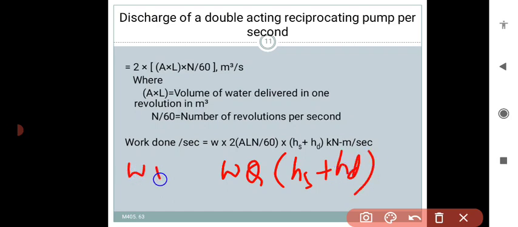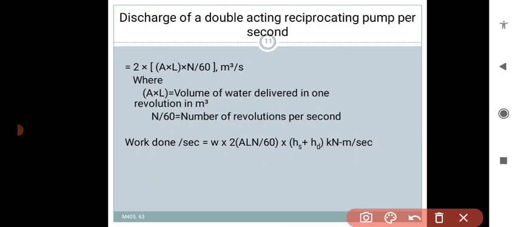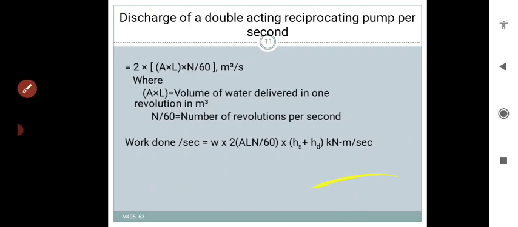This is for a single acting pump. It is similar for double acting, but it is into 2. The work done per second for a double acting reciprocating pump is W into 2Q into HS plus HD kilonewton meter per second.